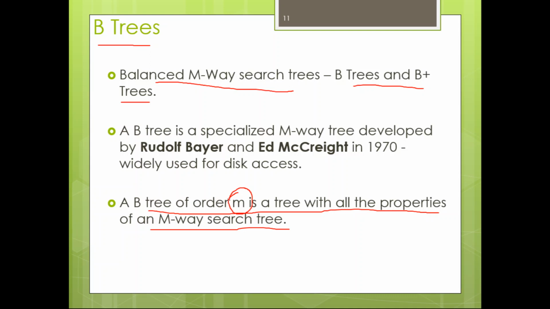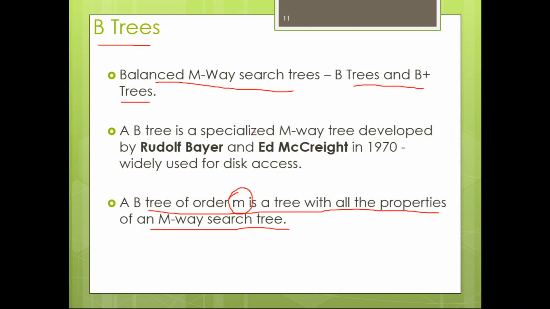Each of the internal nodes may have m children and m minus 1 key values. Okay, and the key values should be in ascending order. That is, key 1 should be less than key 2, key 2 should be less than key 3, and so on and so forth. Okay, fine.